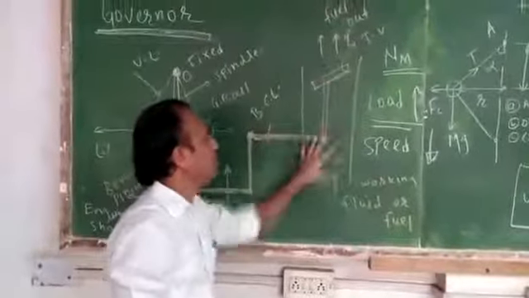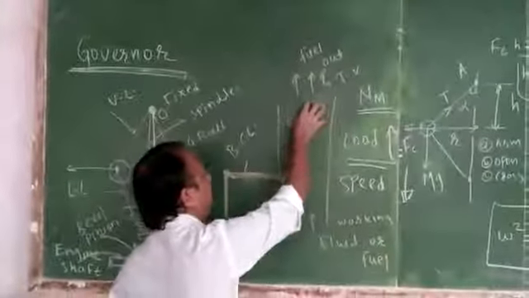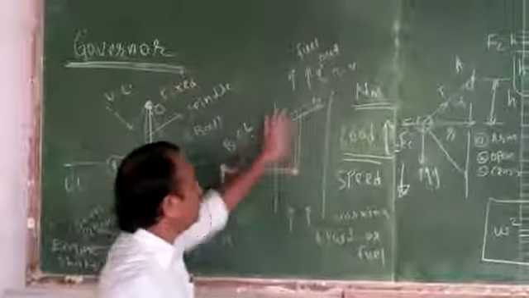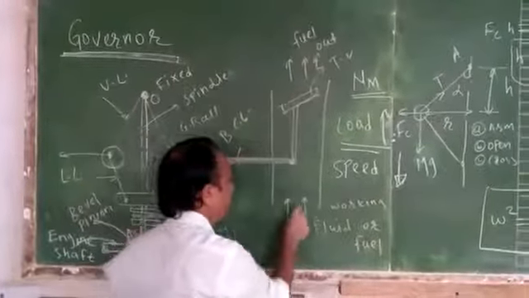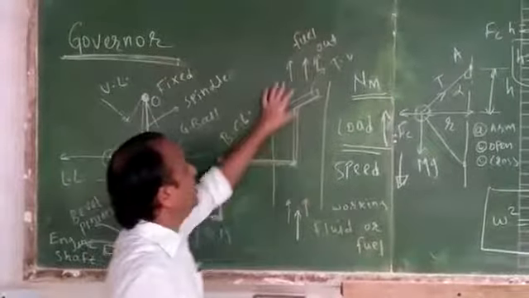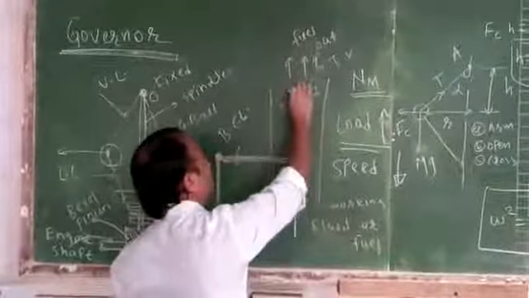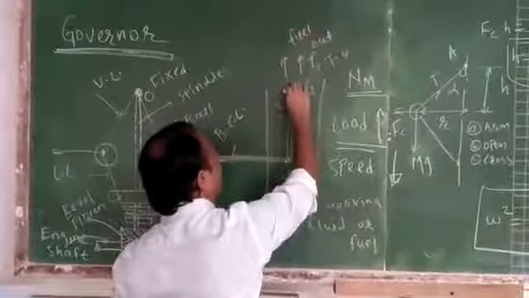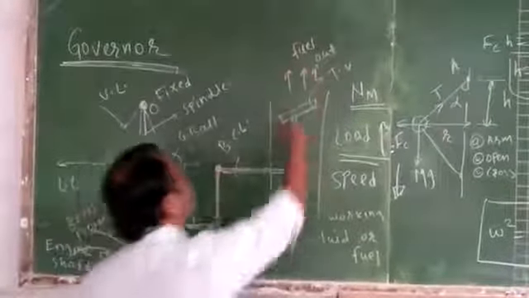Now this is the fuel supply system, in which an important component is the throttle. In a fuel supply system, working fluid or fuel enters here and leaves, and this fuel is directly supplied to the engine.